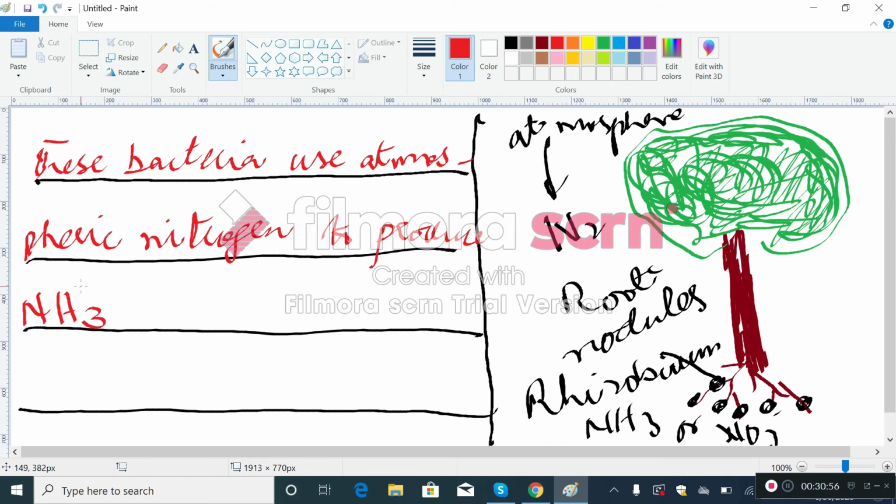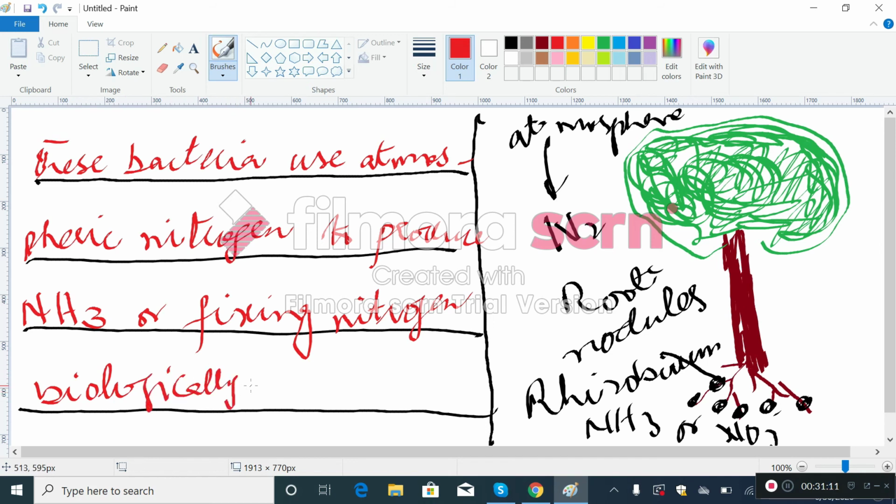Meaning they are fixing nitrogen, or fixing nitrogen biologically. So this will be the answer of this question.